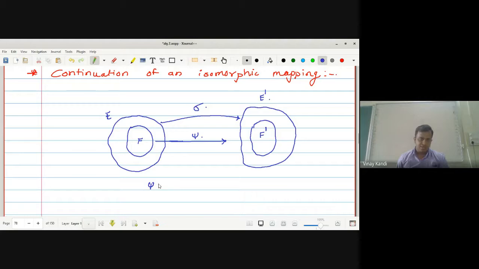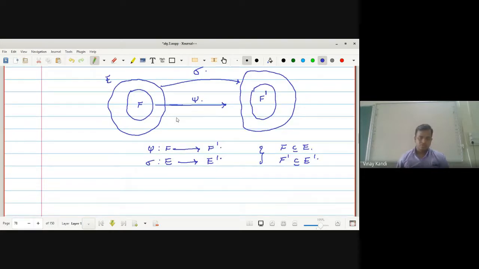This psi is the mapping from F to F dash. And sigma is the mapping from E to E dash. But here F is a subfield of E, and F dash is a subfield of E dash.